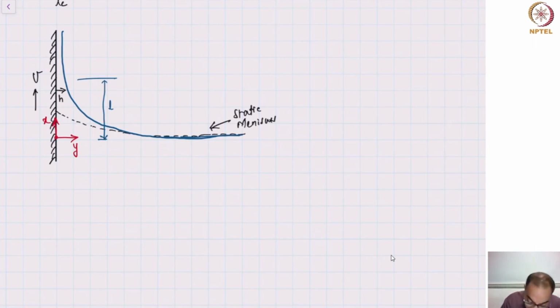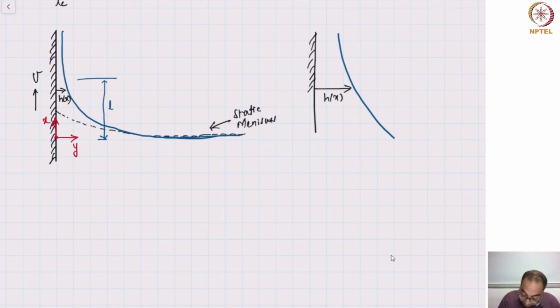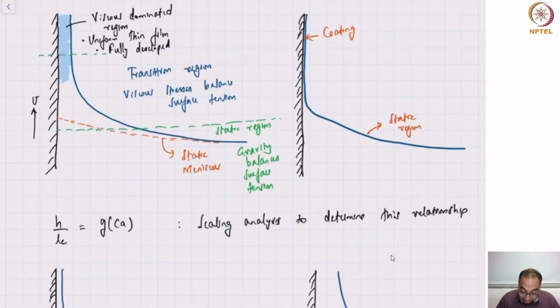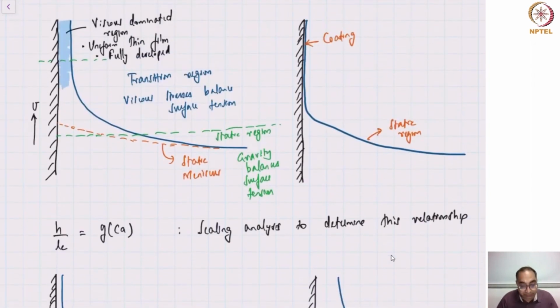So what we now have is the thickness which is a function of x. If I were to magnify the dynamic meniscus, the thickness of the dynamic meniscus we call h of x. Now if you recall, the dynamic meniscus nicely fits into this transition region.